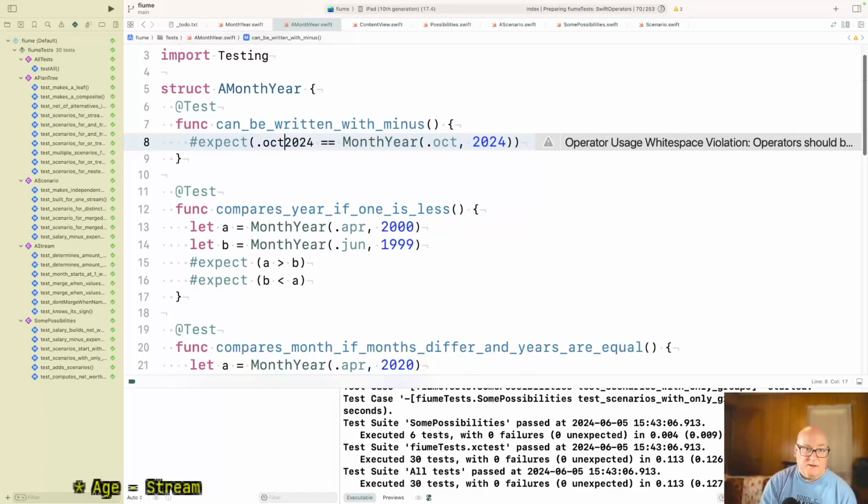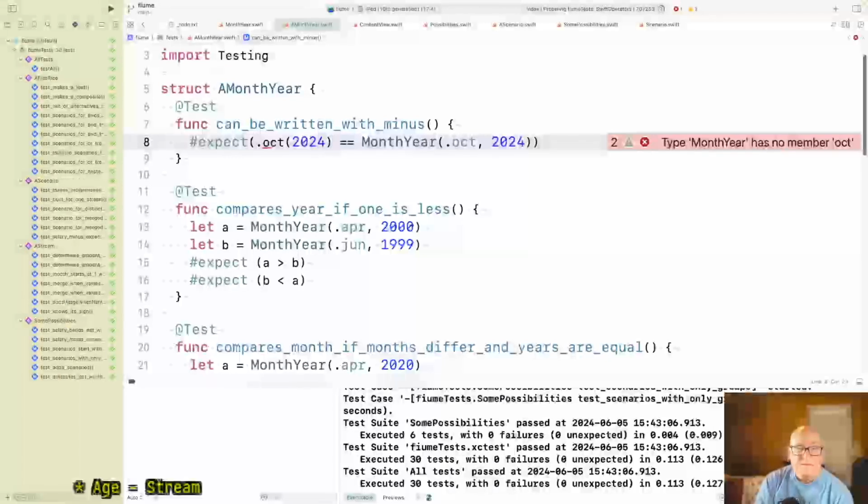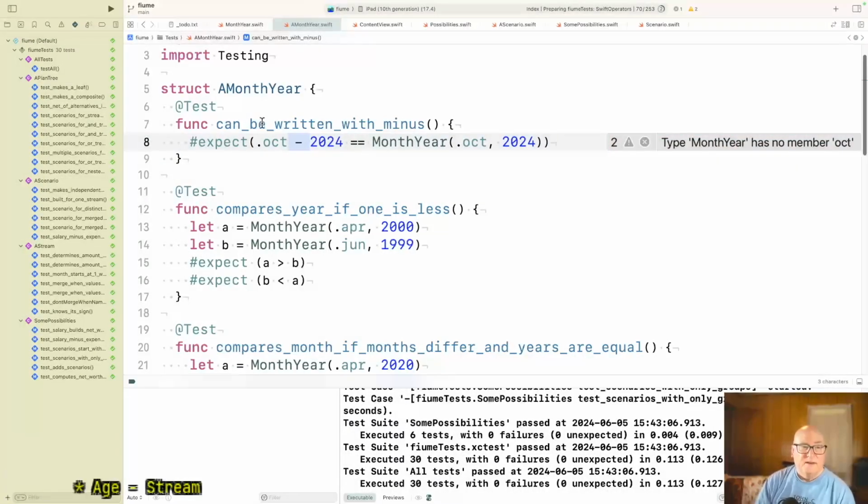Well, another one I thought of was like this. Okay, or 2024 dot oct.